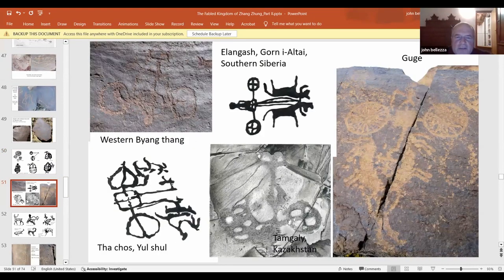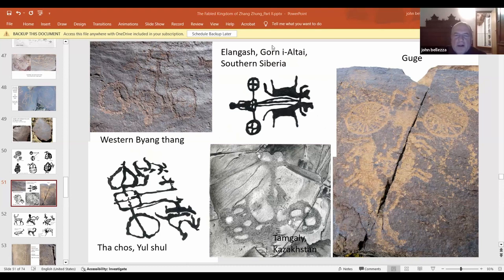Likewise, the chariot. Here we see chariots from Western Tibet, Guge, Western Changtang. But also, there are many hundreds of these carved in southeastern Uzbekistan, Kyrgyzstan, Mongolia, southern Siberia, and northwest China, which of course was not Han at that time.